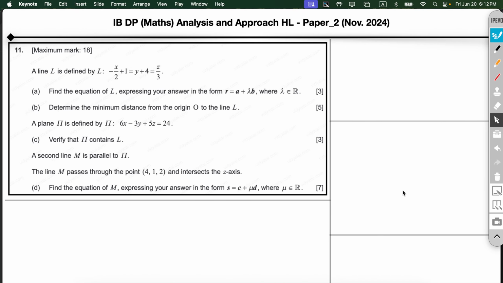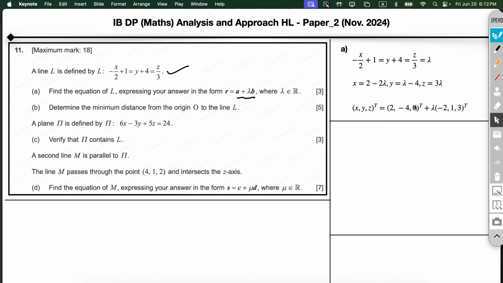So question number 11: a line L is defined by these relations between x, y, and z. Find the equation of L, expressing your answer in the form a plus lambda b. So we need to find a vector equation of some constant plus some scaling factor lambda times another vector, which is the direction vector. How can you do that? We say that this scaling factor is lambda, and then we solve for x, y, and z in terms of lambda.